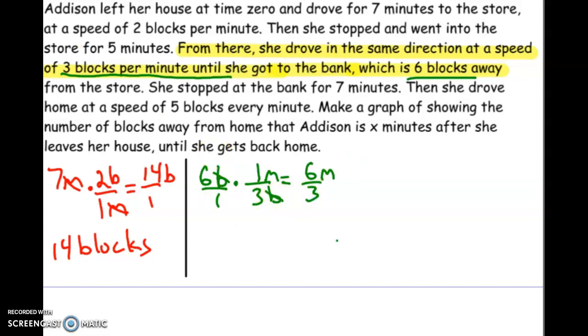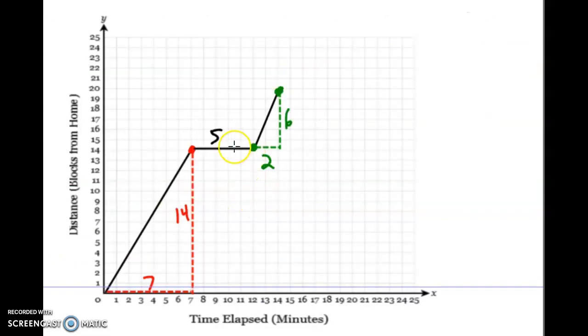And then 6 divided by 3 is 2 minutes. So in 2 minutes, she went 6 blocks. Now what we've got to do is graph that. You go over 2 minutes and up 6 blocks.